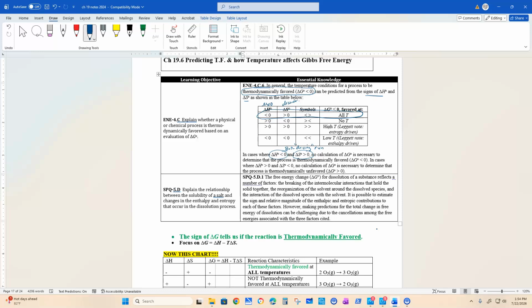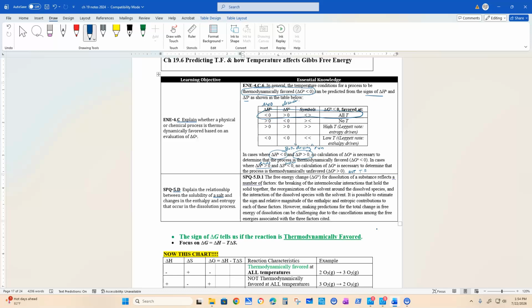In cases where delta H is positive, which means endothermic, and delta S is less than 0, which means you're creating order, you have less movement, no calculation of delta G is necessary to determine if the process is thermodynamically unfavored. So that means neither one of them is driving the reaction, because it's not thermodynamically favored.